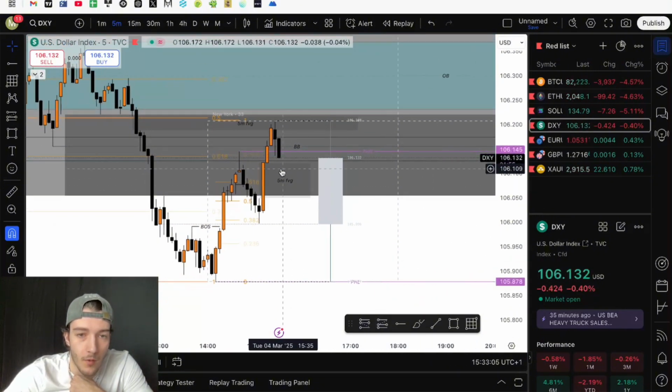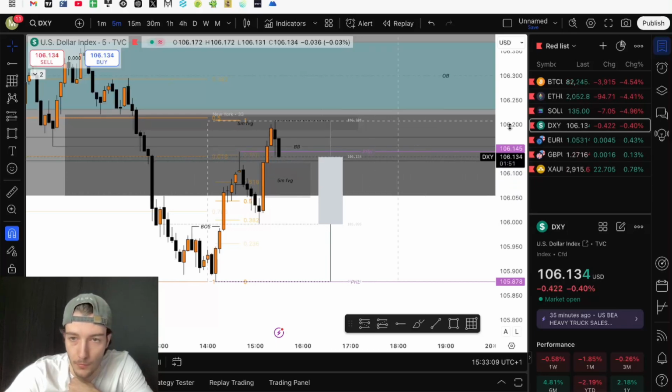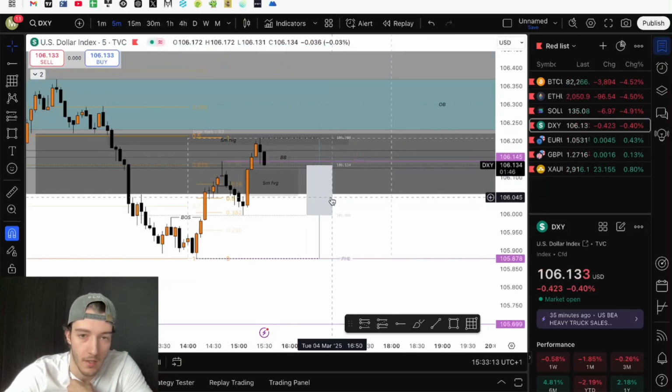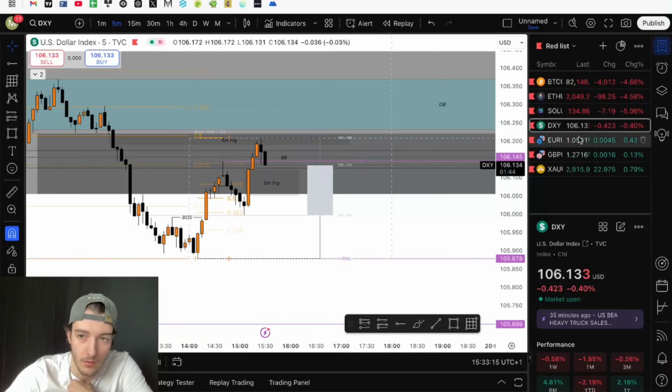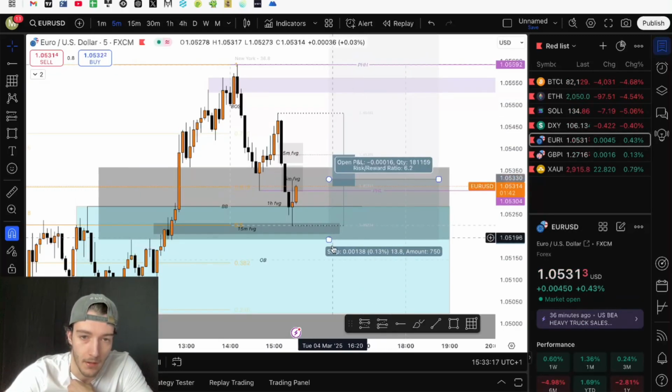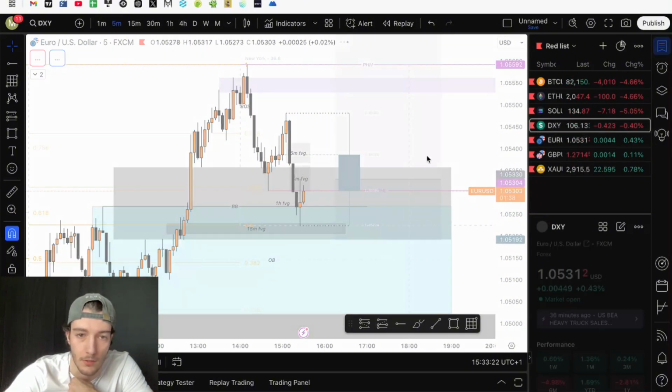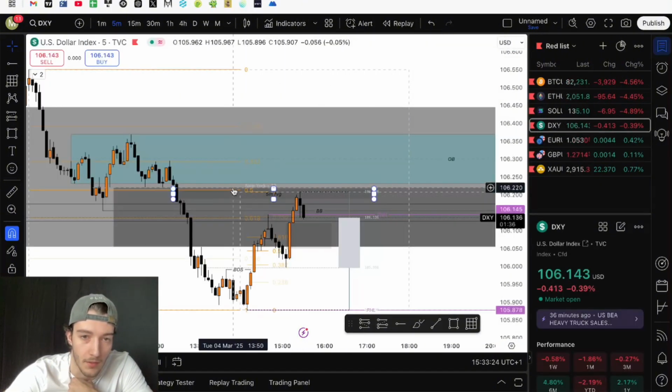So basically, let's wait for this 5-minute fair value gap to be disrespected to confirm that the dollar won't move any higher to this order block. Even if it does, I'm going to put my stop loss on the other pairs a bit deeper, just to make sure whether the dollar wants to come up above this discount level or not.